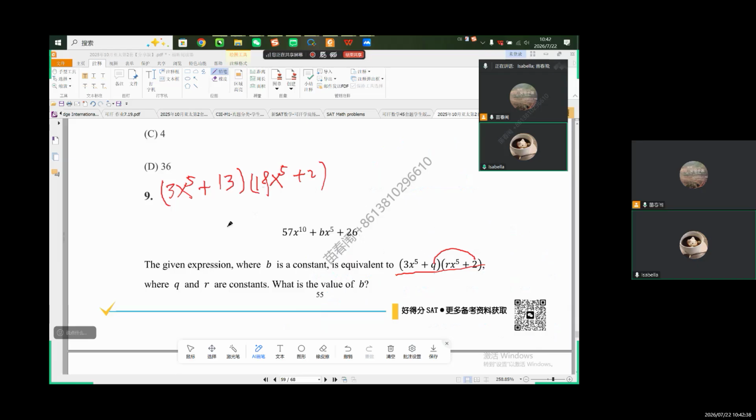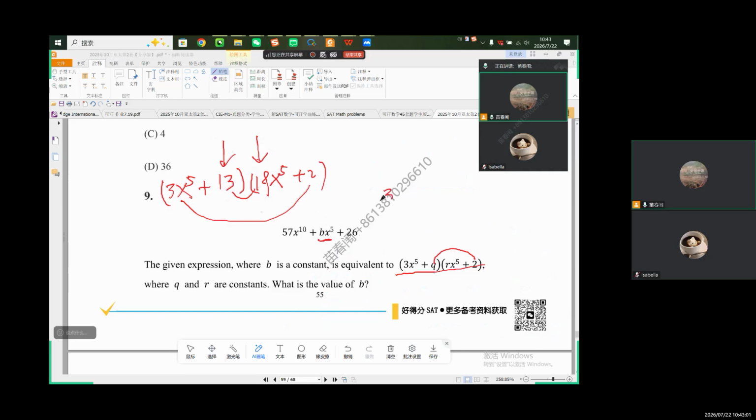Sorry. Okay, so now I basically can get R, I can get Q, if I finish the factorization, right? If R and Q are there, I can just find my x to the 5th power term, because they are basically the coefficient, that's B. I can multiply this and multiply this.